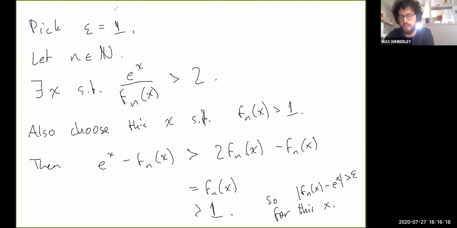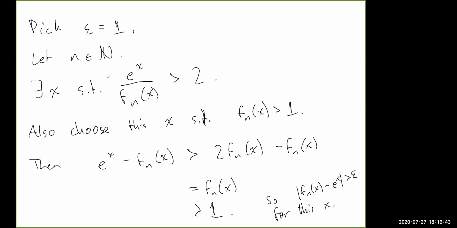You could pick any epsilon you want; I just picked epsilon equals 1 because it's the simplest. You can make this argument and show that there's no capital N for this epsilon that makes the sequence stay uniformly close to e to the x. Okay? So any questions about that?